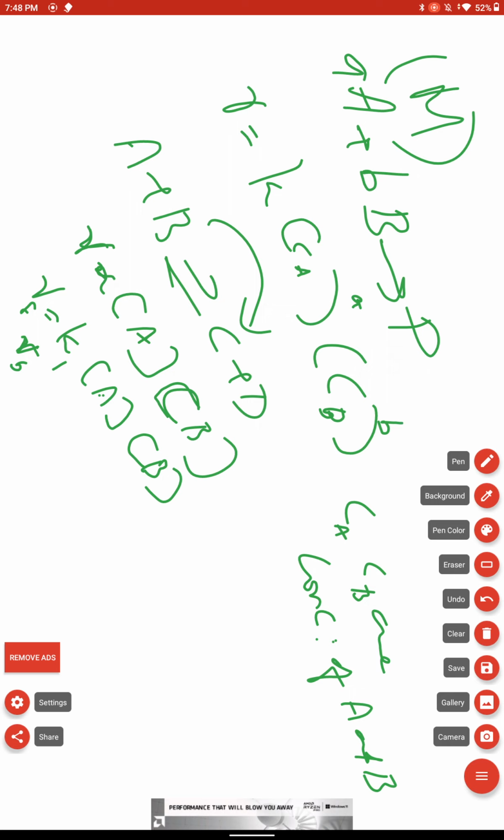RF and RB, that is the rate of forward reaction and rate of backward reaction for a reaction of the type A plus B giving C plus D. But if it is an equilibrium reaction, we can write RF will be equal to RB, that is, the forward reaction rate will be equal to the backward reaction rate.